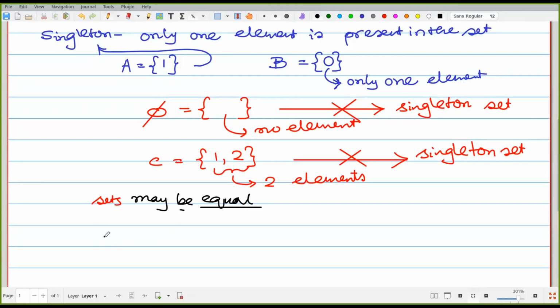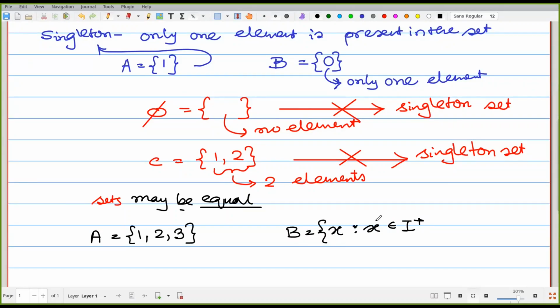Suppose I am writing A as 1, 2, 3. Another one, B, using another notation: X, where X belongs to the positive integers.